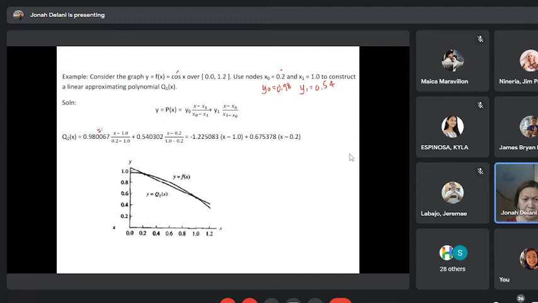Just put it there. y0 is 0.98, x minus x1, which is 1, over 0.2 minus 1, plus y1, which is 0.54, on top x minus 0.2, at the bottom 1 minus 0.2. This is already computed. So this would be the approximate linear equation given these two sets of coordinates.